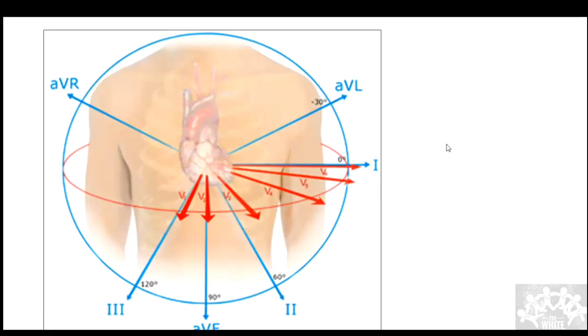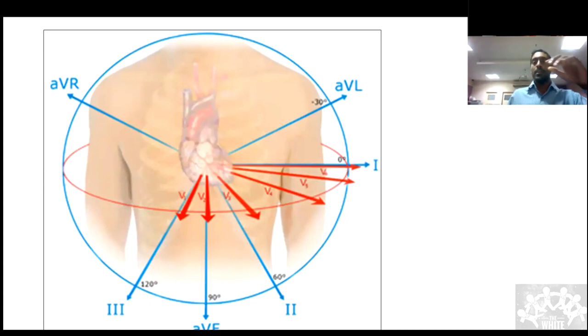Okay, you see my video now. Let's see. So this is my heart. I have some cameras that are going to see the heart from down. As the name says, it is called an inferior lead. If I'm taking this as my apex, this is going to be an inferior lead.